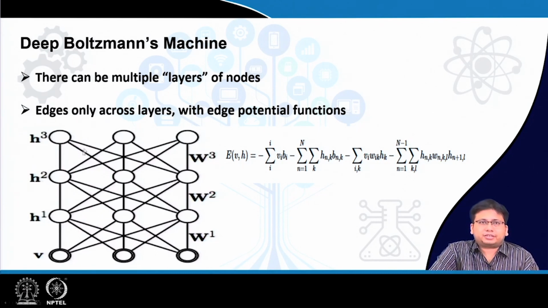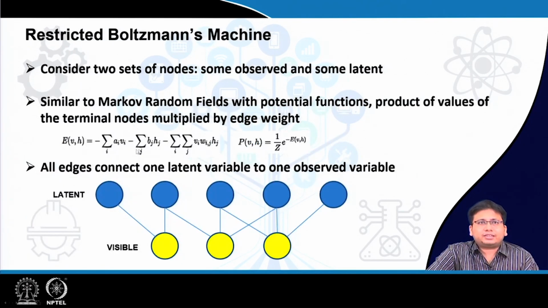So, you may say that H1 is your first set of latent variables, the process variables, H2 are the parameters, and H3 may be the hyperparameters and things like that. And the aim here is to define a joint distribution over all of them, once again using the concepts of these edge and node potential functions. So, here also, this is the expression for what is known as the energy function.